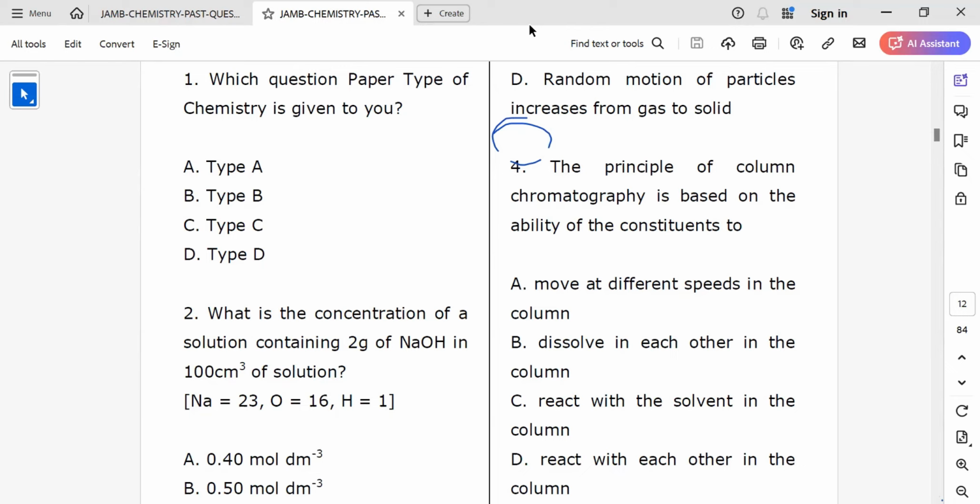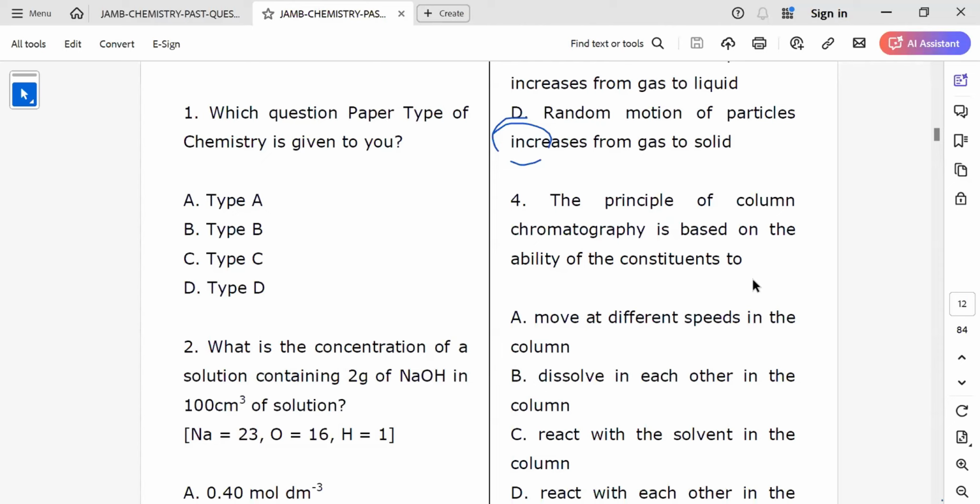So in chromatography, we have different types of chromatographic techniques. We have affinity chromatography, we have column chromatography, we have gel filtration chromatography. All these are different types of chromatography, and they separate molecules on different principles.